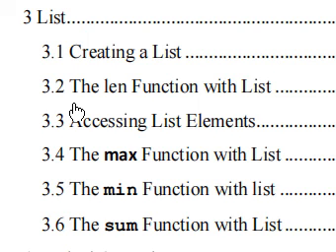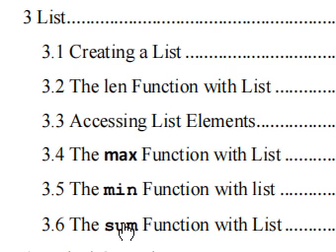Okay, and the max function and the min function return the highest and the lowest elements in a list passed to them respectively. The max function returns the highest element, the min function returns the lowest element. Max is short for maximum and min is short for minimum.